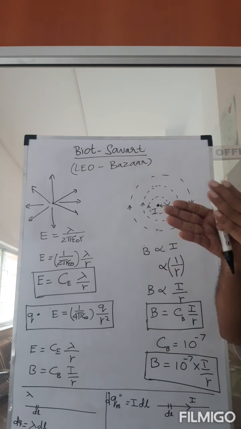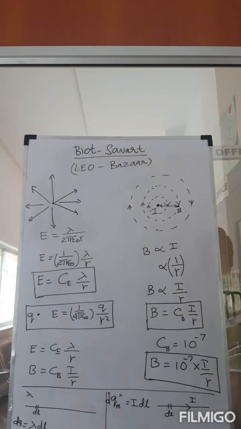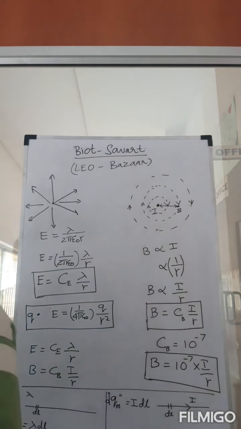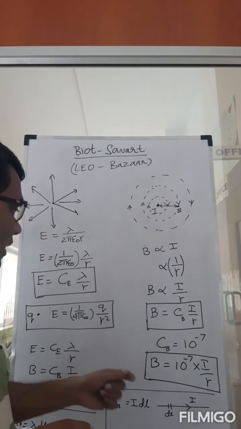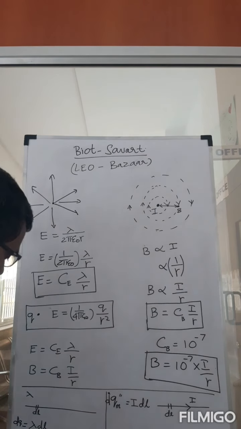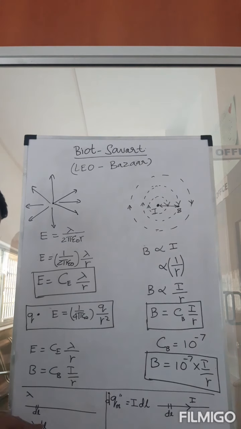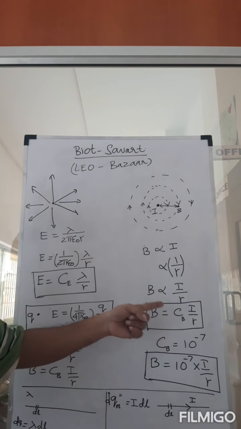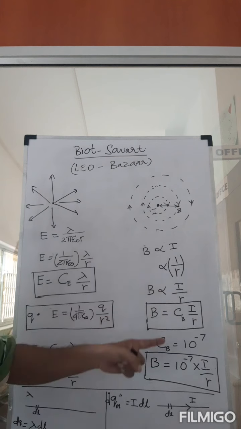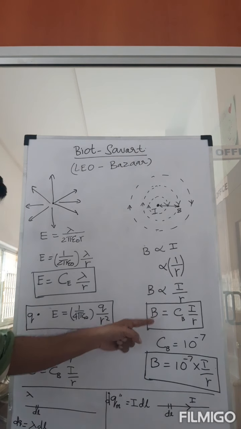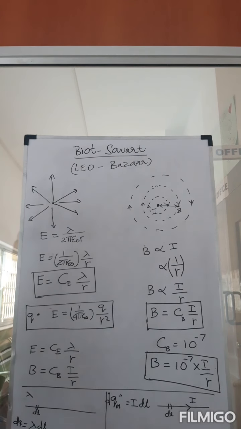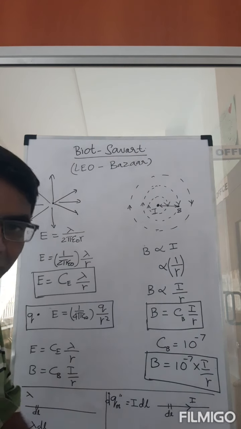So I dl will give me this. If this is it, then what should my B be? From dq equals lambda dl, I can get a dE. Likewise, what should be the field value if this is the value of the magnetic monopole is what we will see now.